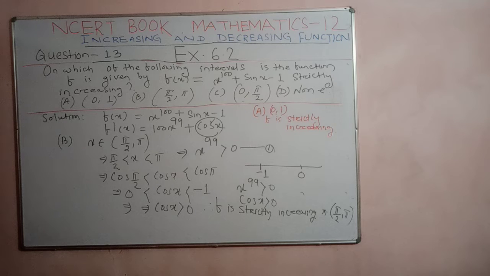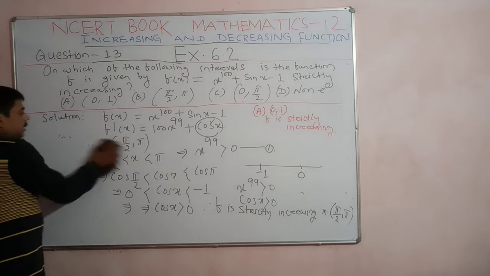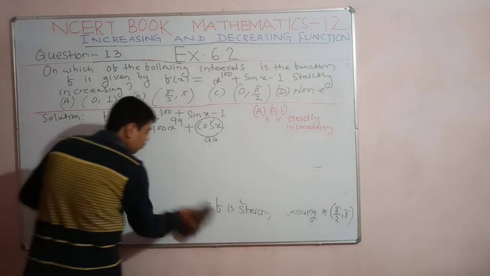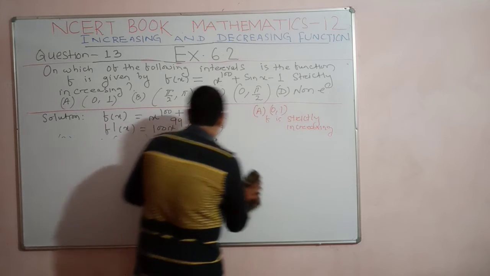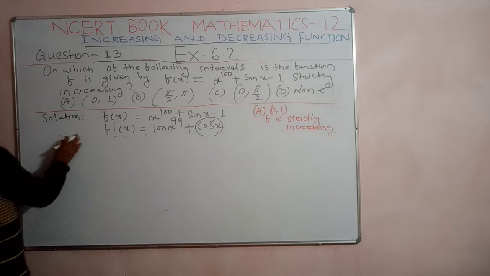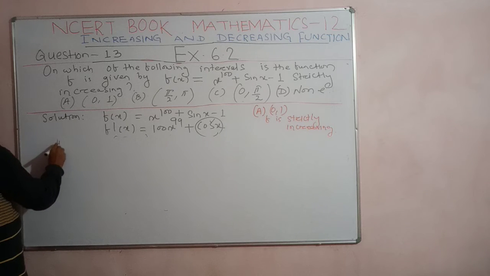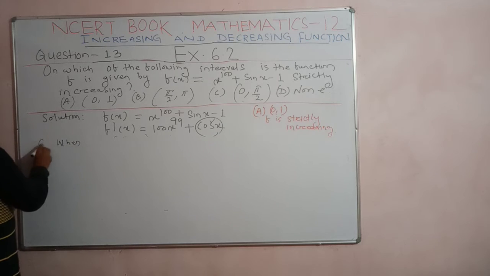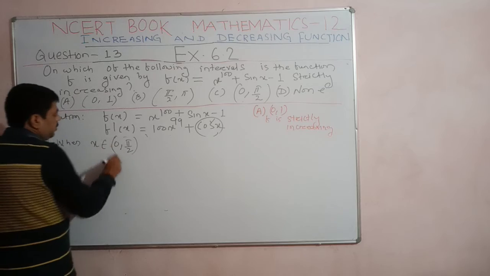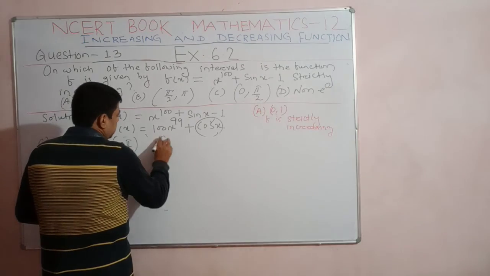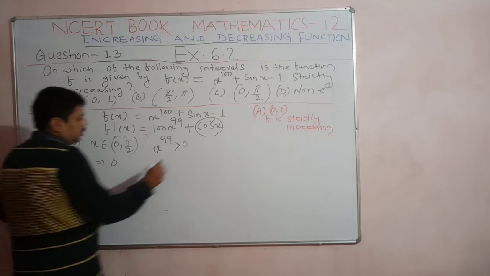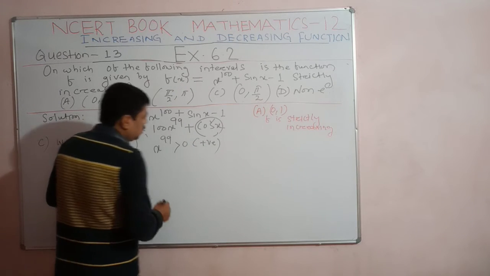In option C, when x belongs to 0 to pi by 2, x to the power 99 is greater than 0, which is positive.